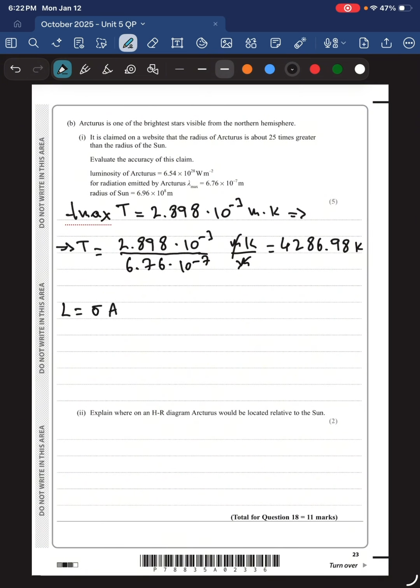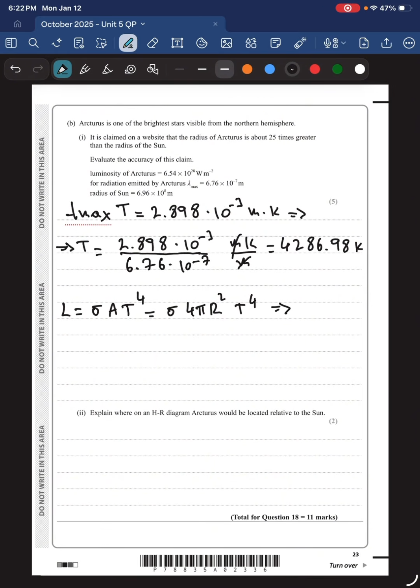The luminosity is equal to sigma times the surface area times temperature to the fourth. We are not given the surface area, so we have to calculate it. The surface area of a sphere is 4 pi r squared, and then T to the fourth.